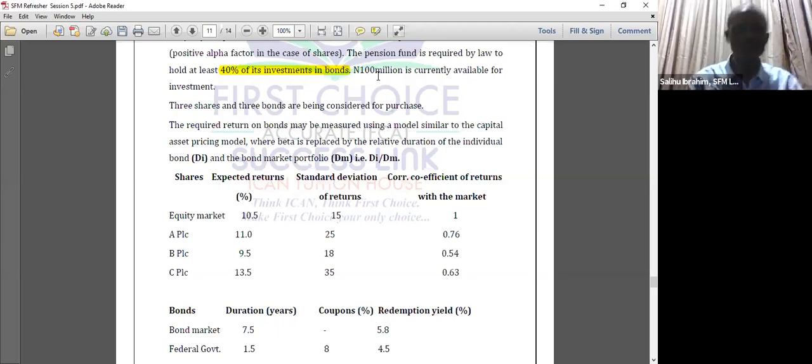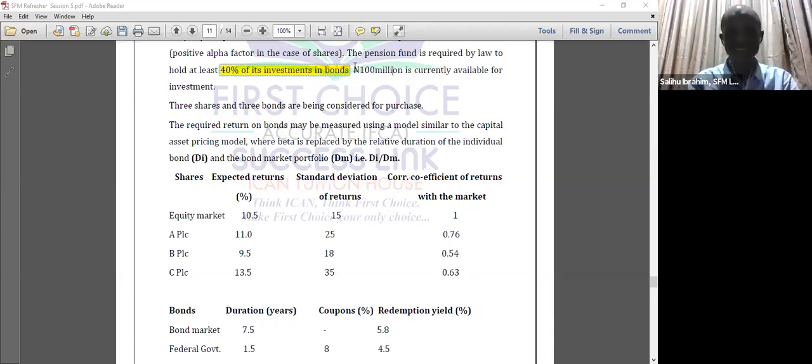Hence, I will spend 40% on the federal government bond and 60% on the stock of BPSC. Now, either you find the absolute amount, that is 40% of 100, or you just go by the percentage given to you. Whichever approach you have taken, you should be fine.